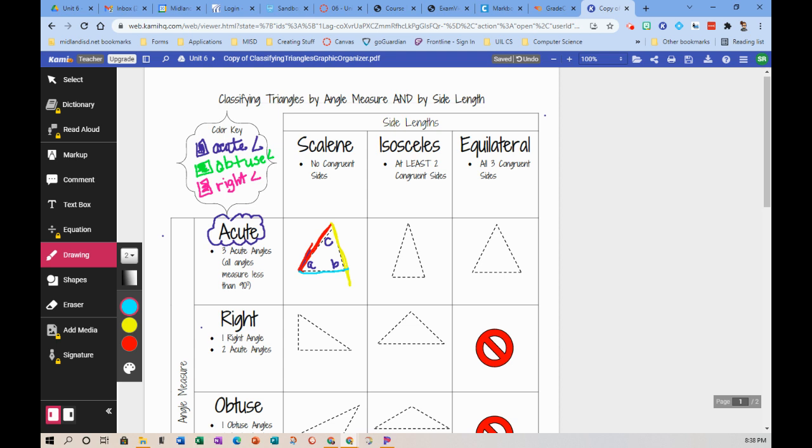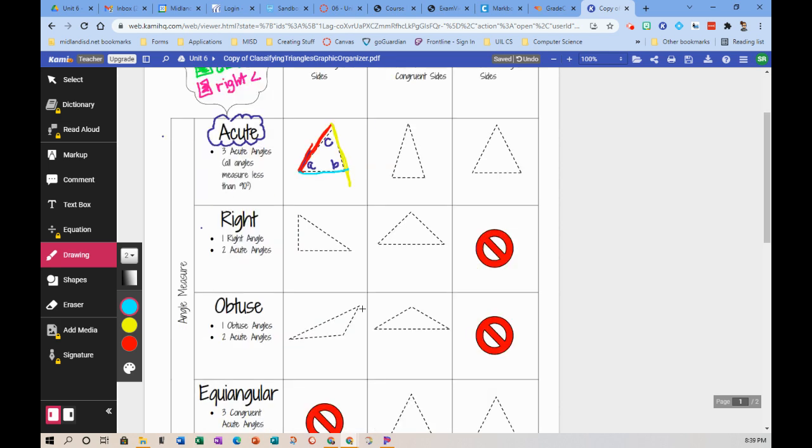All right. Let's go down. A right triangle. A scalene right triangle, we're going to have 3 sides that are not the same. So we're going to have our orange side. We're going to have our yellow side.